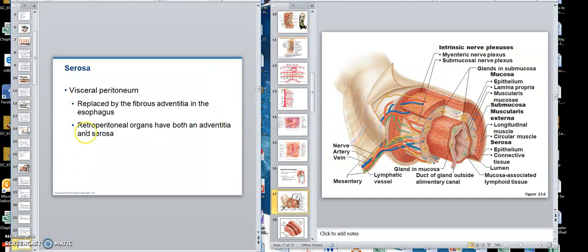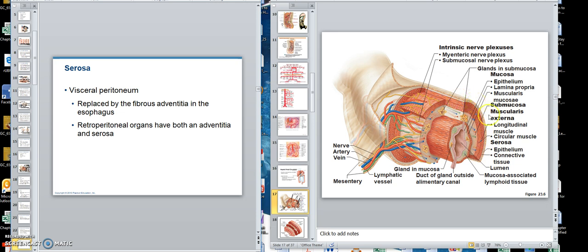Okay. Visceral peritoneum is replaced by fibrous tissue in the esophagus. The esophagus has an adventitia, the reason being it attaches to surrounding things so it doesn't move around. But the peritoneum has more of an epithelial layer, which allows it to slide.